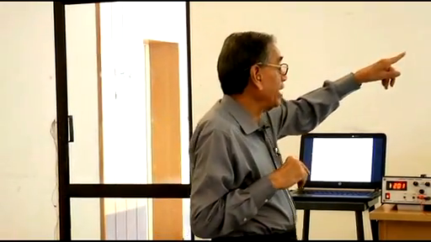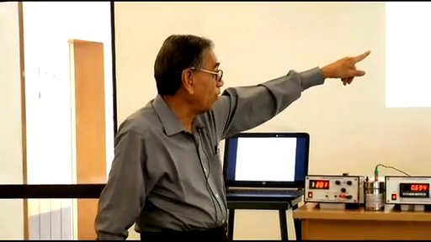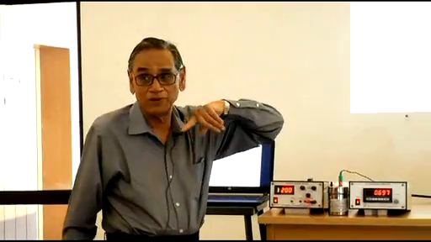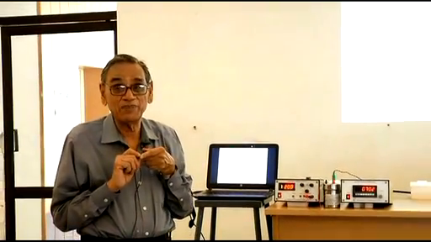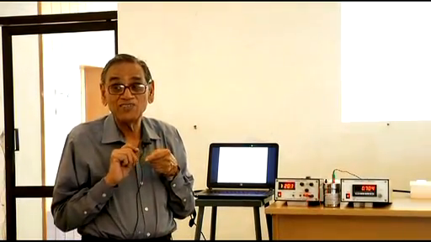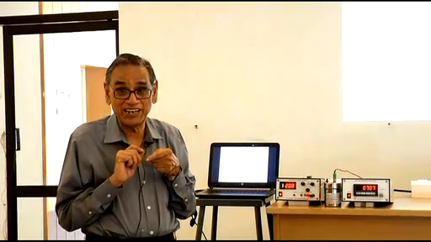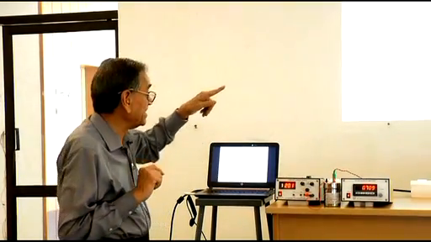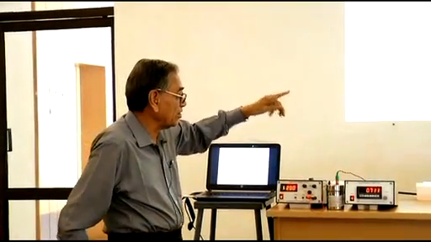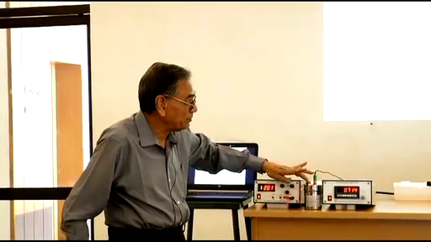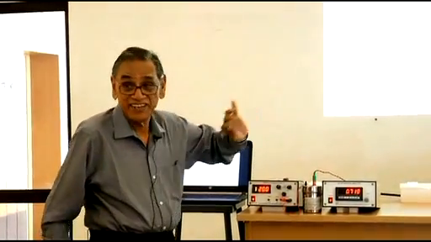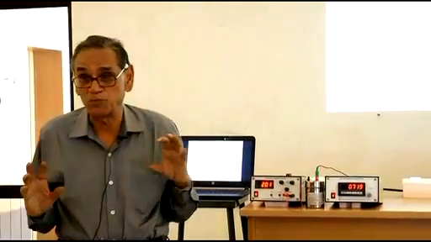The aluminium cup is painted black, and one junction of a copper constantan thermocouple is pasted to the aluminium cup with super glue, which is an electrical insulator. The other junction of the copper constantan couple is pasted to the lid of the stainless steel box.